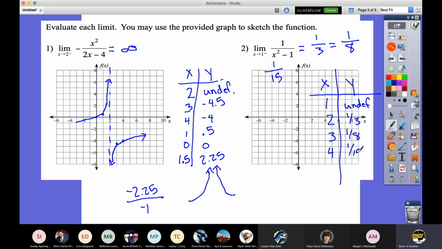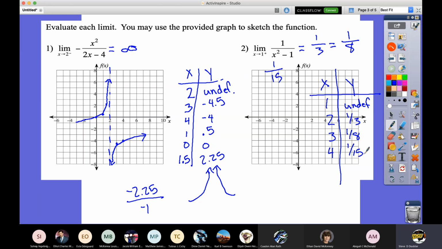Now, all of these are really small numbers, but all we are caring about at this point is that as we get closer and closer to 1, it's either going to go to positive infinity or negative infinity.